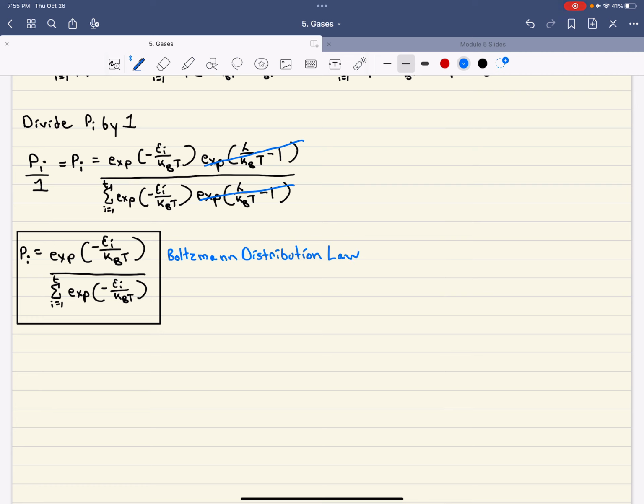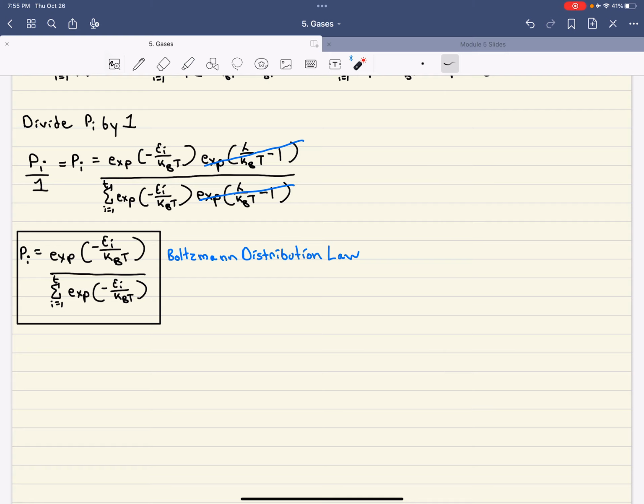And what it tells us is that the probability that a particle is in a particular energy level can just be described by this ratio of the exponential of the energy level divided by the summation of all of the possible energy levels.